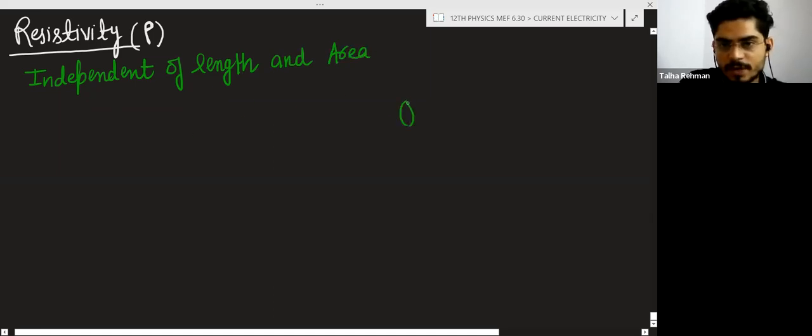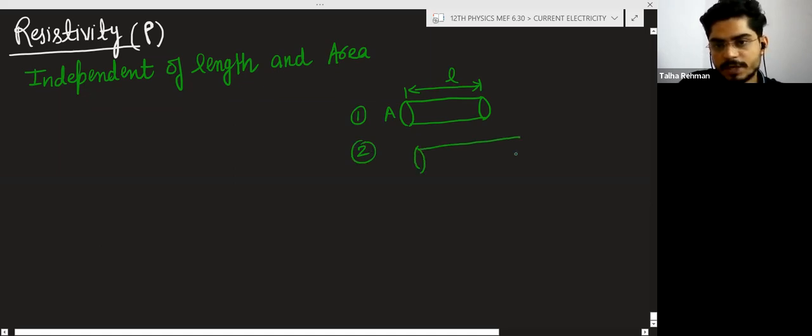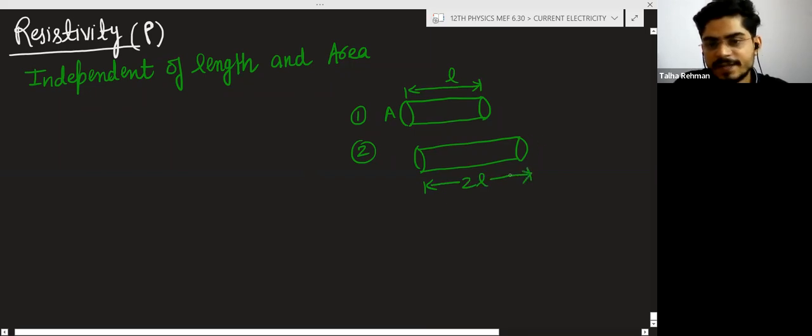Suppose you have a copper conductor of length L and area of cross section A, and after that you take a copper conductor of length 2L, and the area is also doubled.